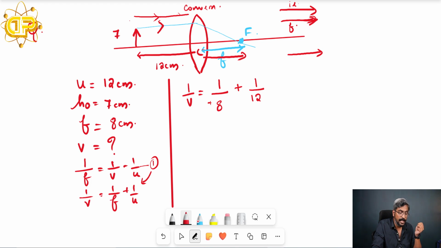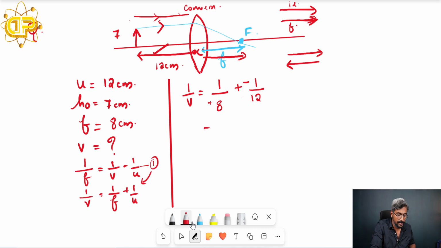And U is calculated from the optical center to the object, so the direction will be this way. Both are in opposite directions, so it will be negative. Moreover, in your 10th standard, the object distance is negative itself. Why? Because the incident light is taken from the source, and the object itself is considered as the source of light.